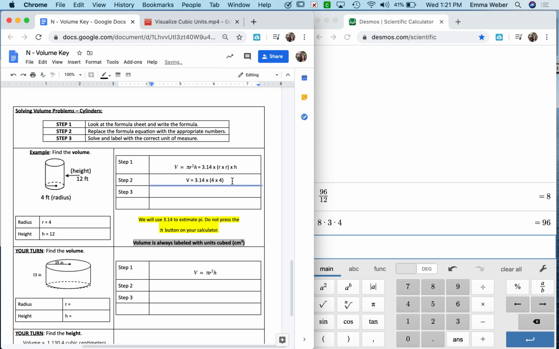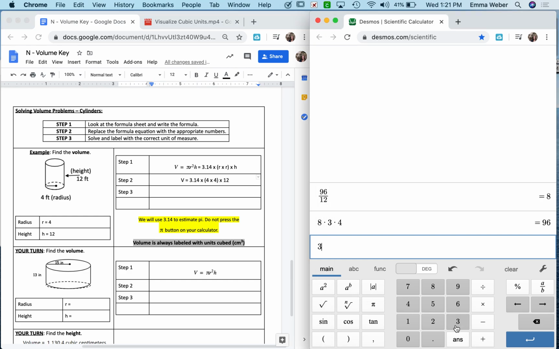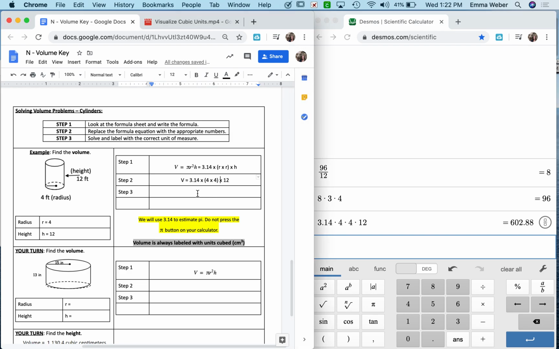Then to multiply by the height, we have to multiply by 12. So all we have to do is multiply all of this together in the calculator. We have 3.14 times 4 times 4 times 12, and that gets us an answer of 602.88. No rounding is needed because we had already rounded pi to the nearest hundredth.